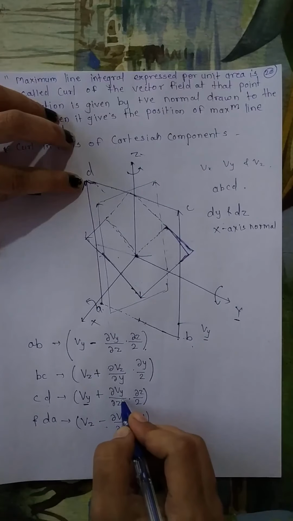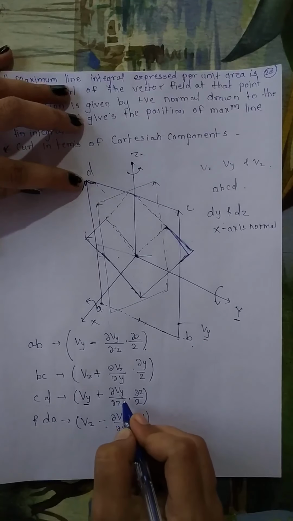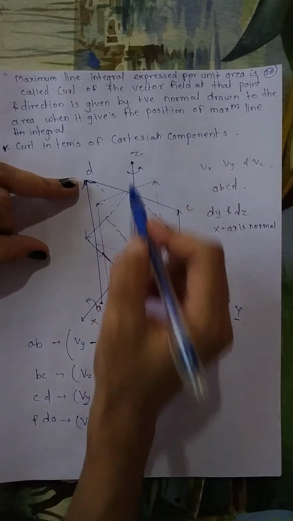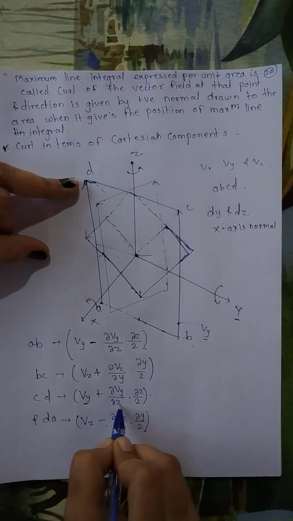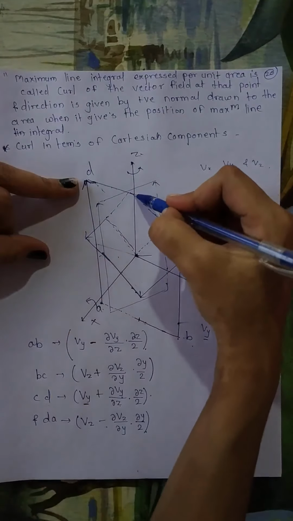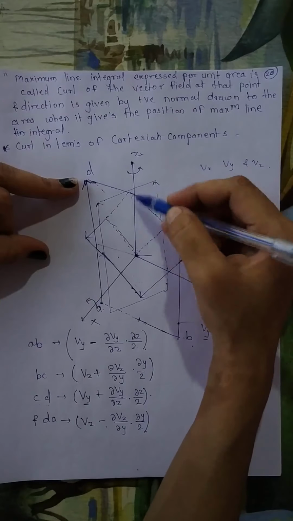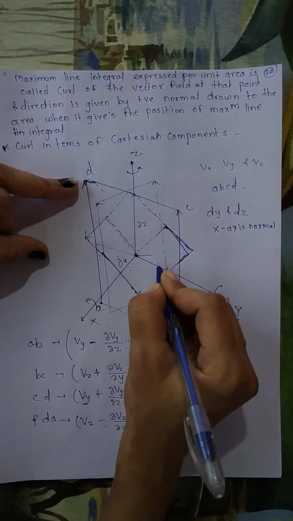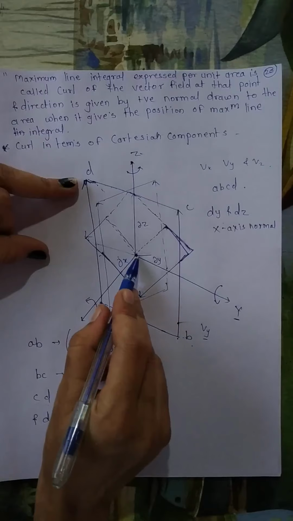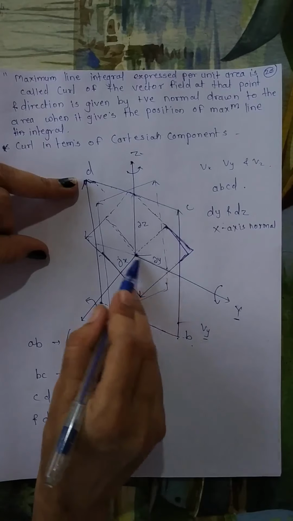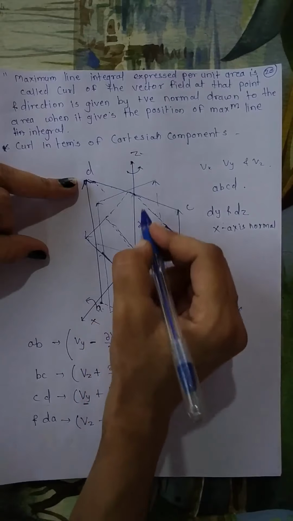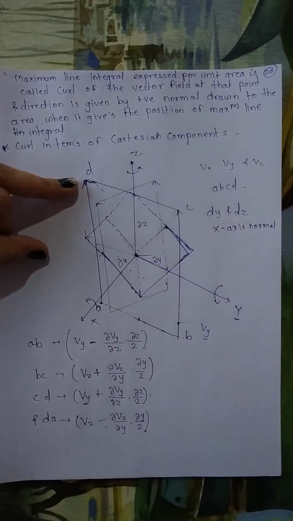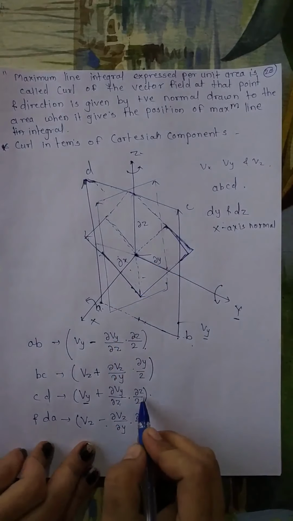Now the rate of flow of this V bar will be dou Vy upon dou z, since it is varying with respect to z, and its midpoint is at a distance dou z by 2, because see here this is dou z, this is dou x, and this is dou y. One side of the rectangle is dou y by 2, dou x by 2, and for this it is dou z by 2, because the remaining is minus dou z. It is dou z by 2.